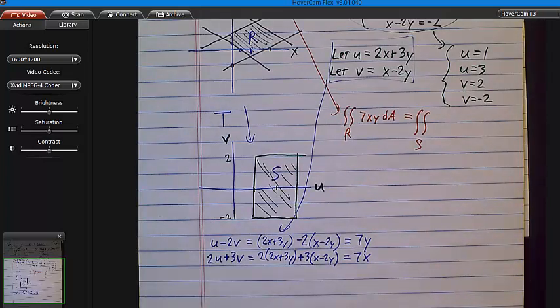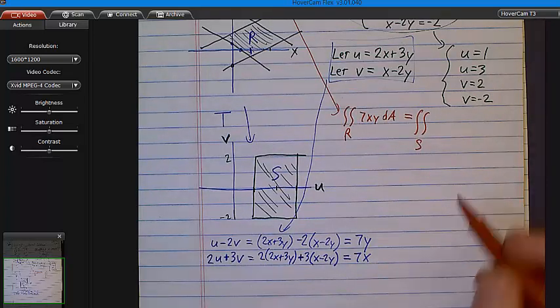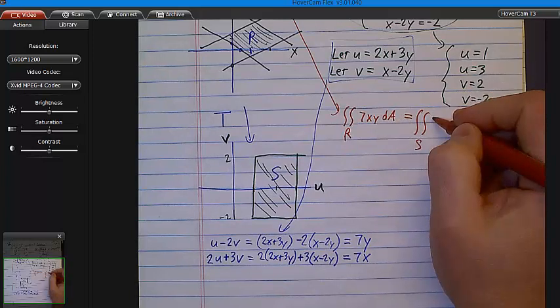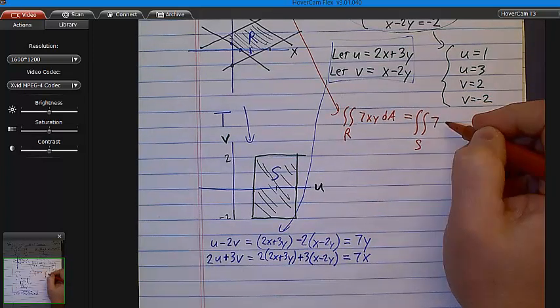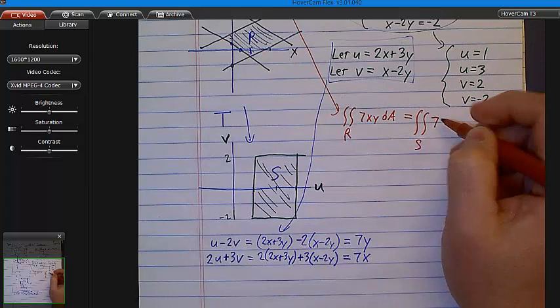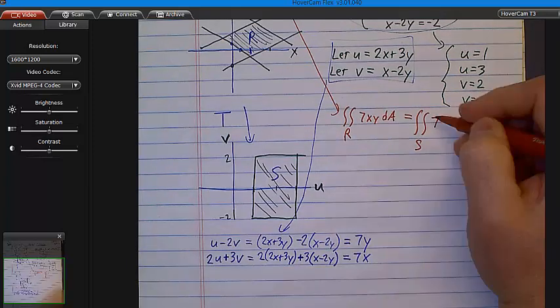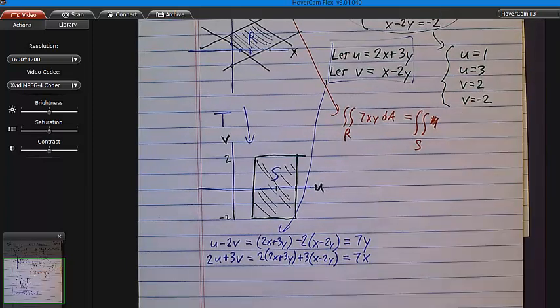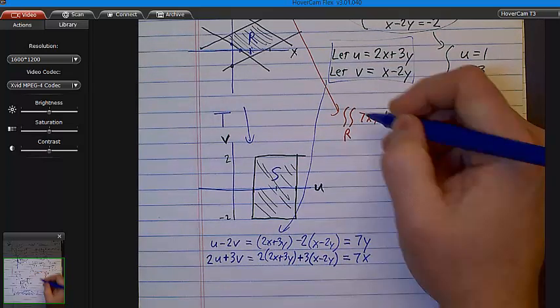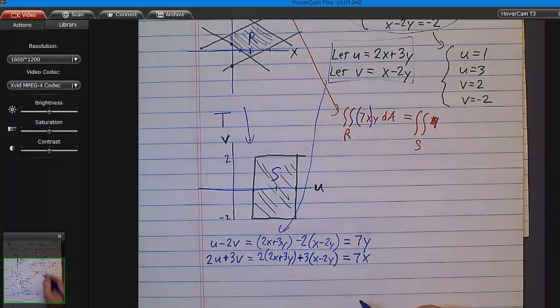What a nice problem. All right, so let's see how this all works. So what I can do now is say that this equals 7... Well, wait a minute. Let me slow down. Instead of doing that, where it says 7x, what can I write?